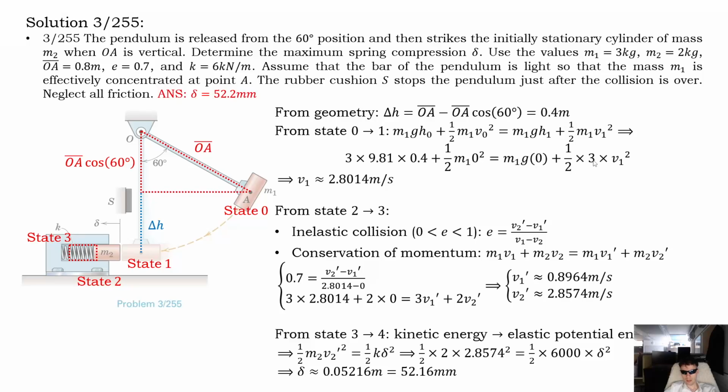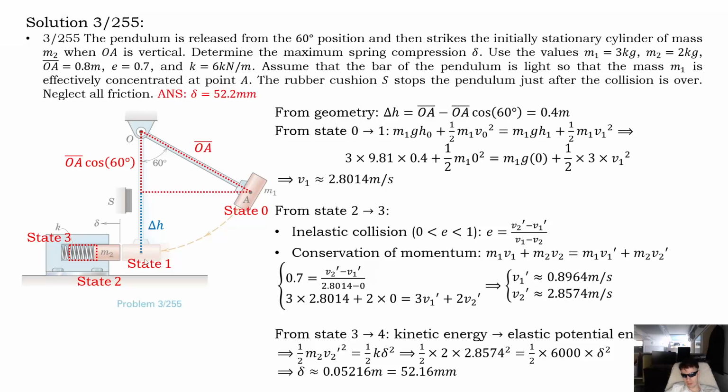Again, half M1 V squared at state 1. Remember, M will be cancelled from both sides. So V1 will be the square root of 2 times G times delta H.